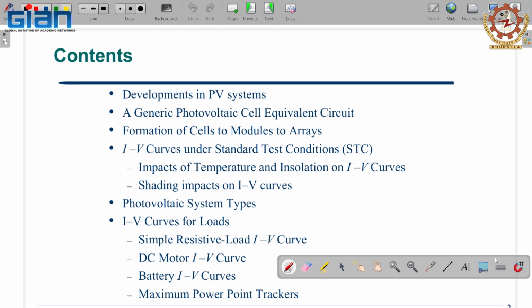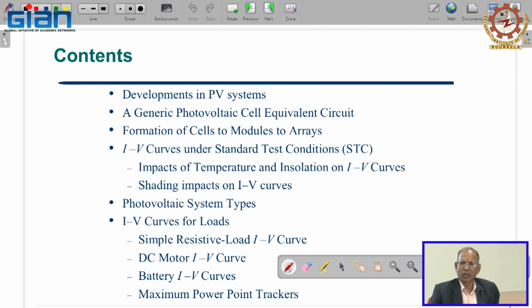The development in the PV technology we discussed, and renewable energy integration we gave a nice overview, and some parts we already discussed, like standard test conditions, etc. Then we talk about the photovoltaic system. Some parts we find a little bit repeated, so we will quickly go through it.